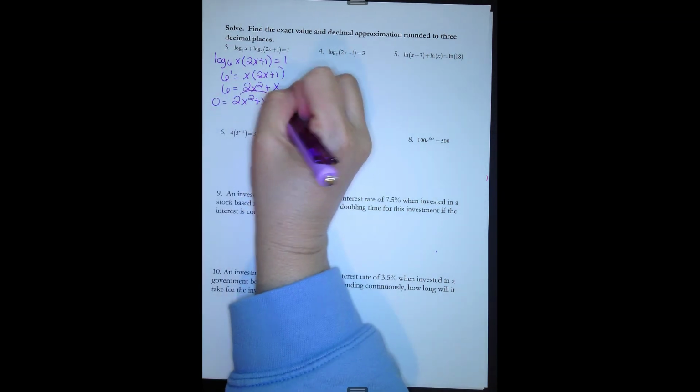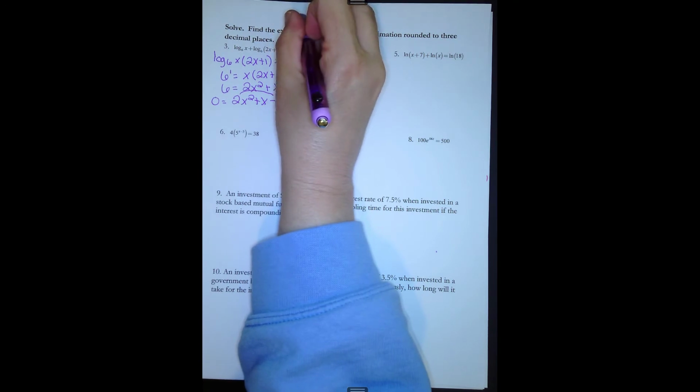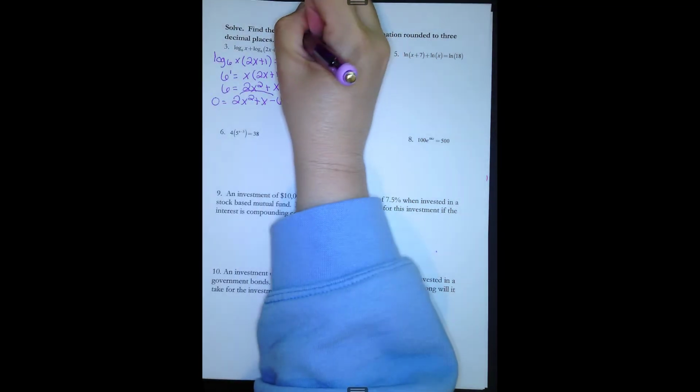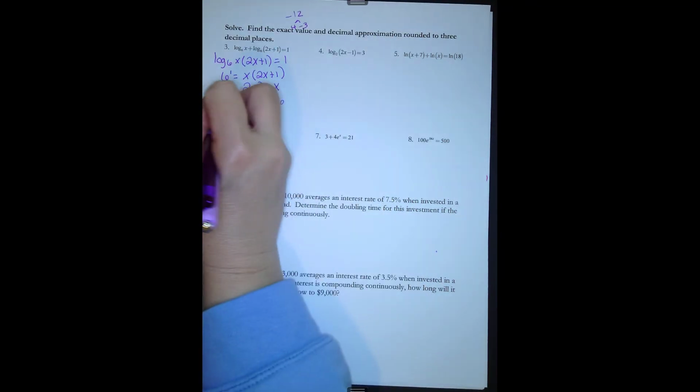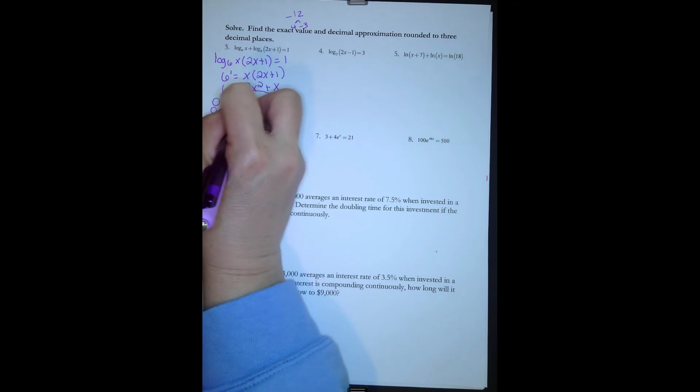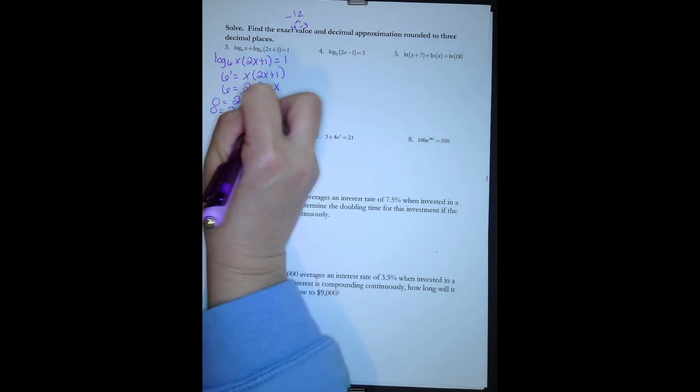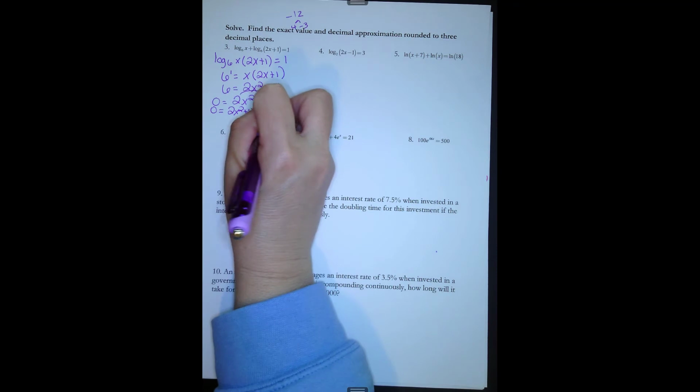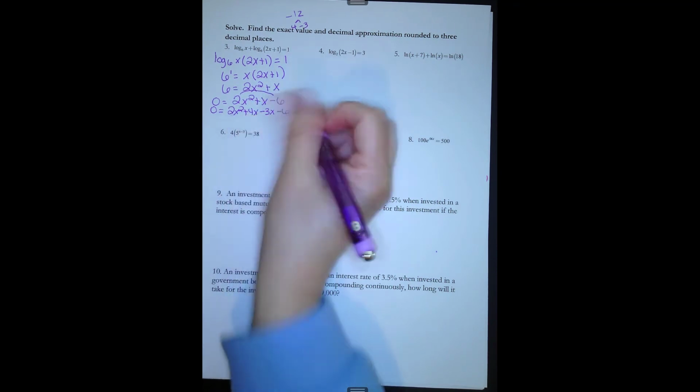And we're going to go ahead and multiply first times last. So that happens to be negative 12. Two numbers multiplied together that give negative 12 and add to be 1. So 4 and negative 3. So 0 equals 2x squared plus 4x minus 3x minus 6.